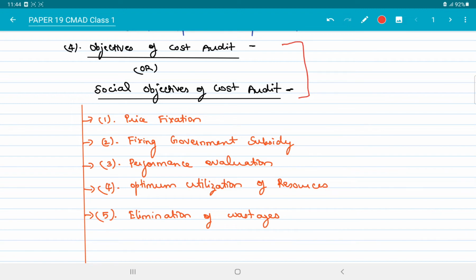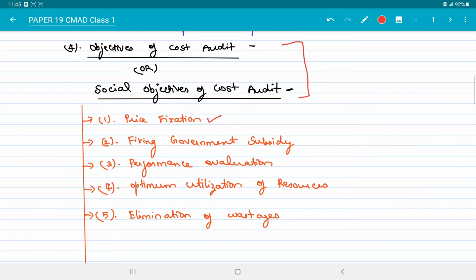So, the first important objective of cost audit is to fix the price of a product or whatever services you are rendering. The objective of cost audit is to ensure the price fixed for the product or for the services rendered is correct. So, price fixation.